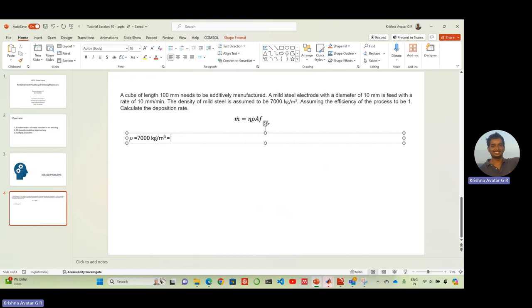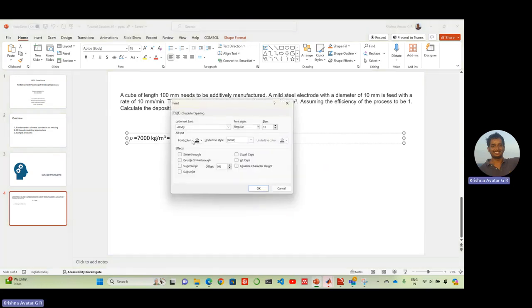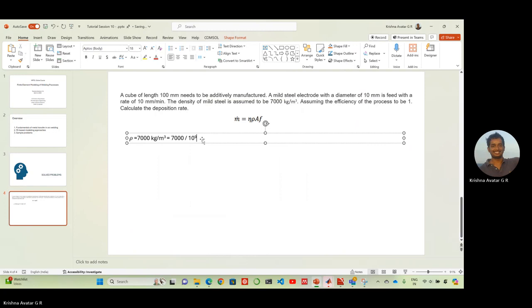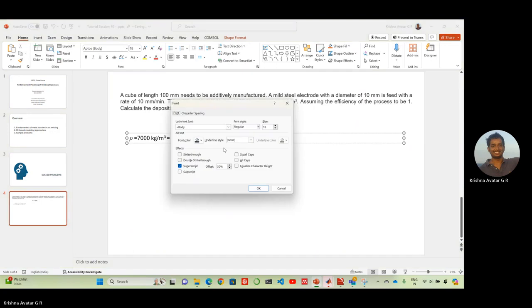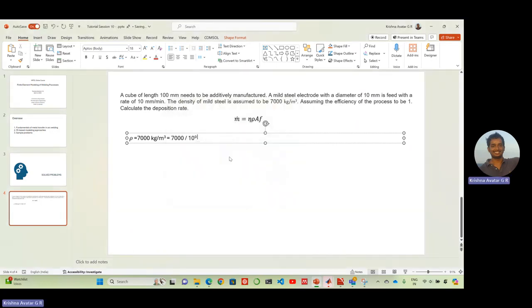So we'll have 7,000 divided by 10 to the power 9 kg per mm cubed.